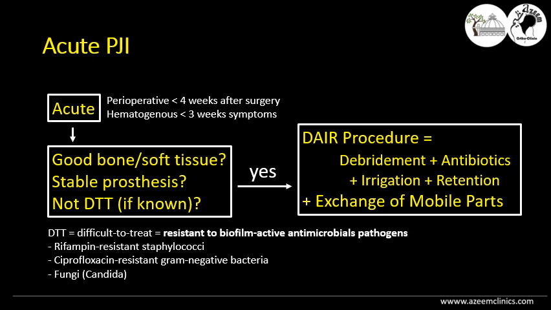If you have a 3-yes, you can go to what we name the DAIR procedure: Debridement, aggressively, giving strong antibiotics, and irrigation and implant retention. You should only exchange the mobile parts, because it has been proven that exchanging the mobile parts leads to a lower incidence of reactivation of infection.